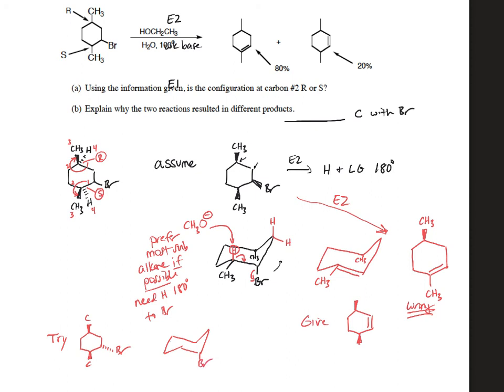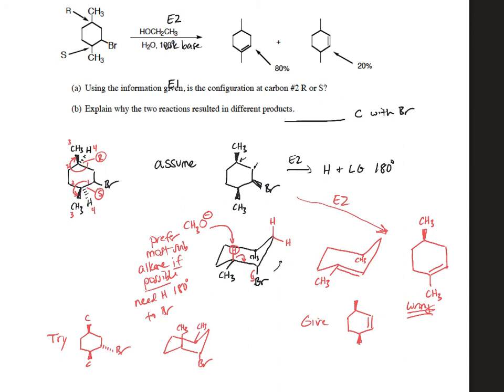Now, the CH3 right next door to it is trans to it. So if the bromine's down, the CH3 is now up here. And the other CH3 is also trans to it. So 1, 2, so the CH3 at the back, that back carbon, it's also going up. And so that puts it in an equatorial position.